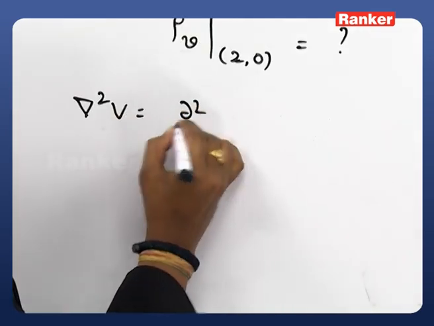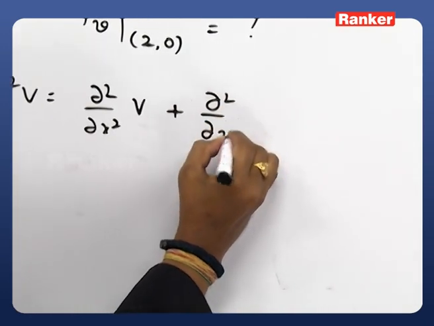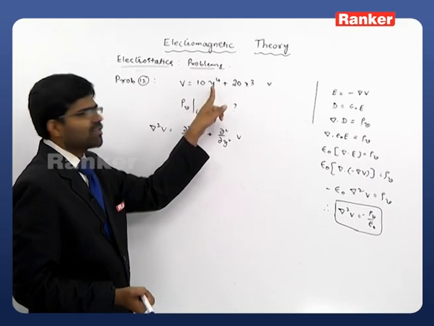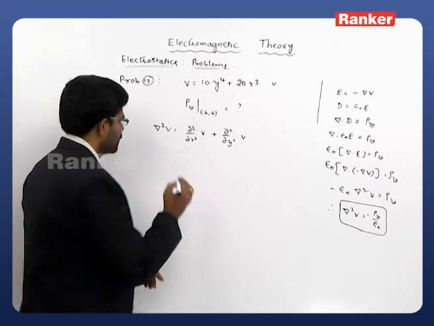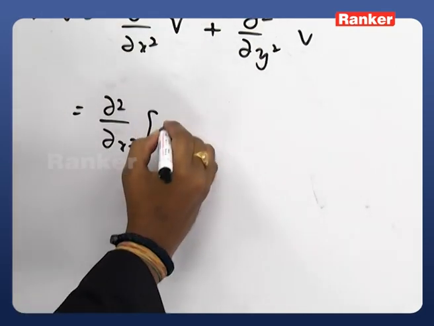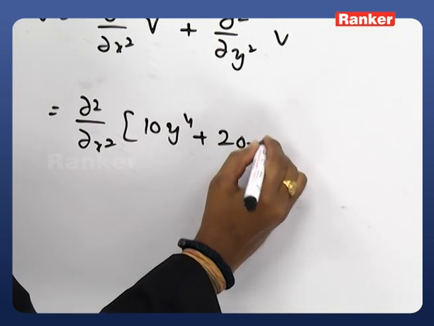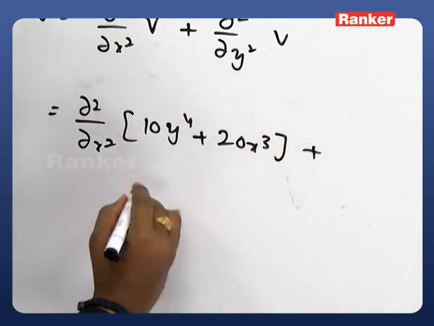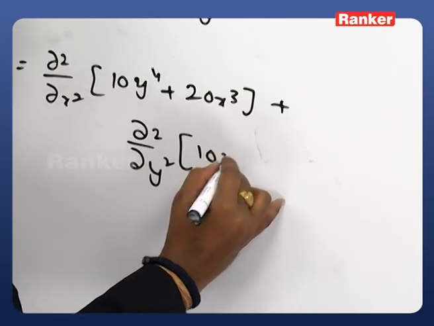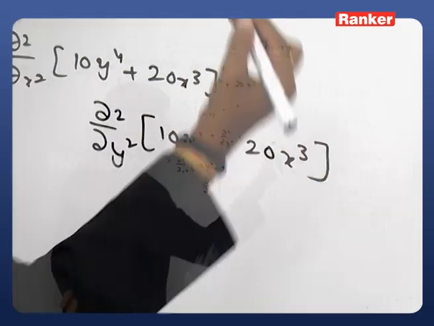That is dou square by dou x square of V plus dou square by dou y square of V. So twice you have to differentiate this, which is equal to dou square by dou x square of V, here 10y power 4 plus 20x cube, plus the second term, dou square by dou y square of 10y power 4 plus 20x cube.